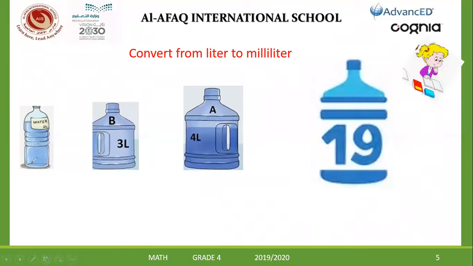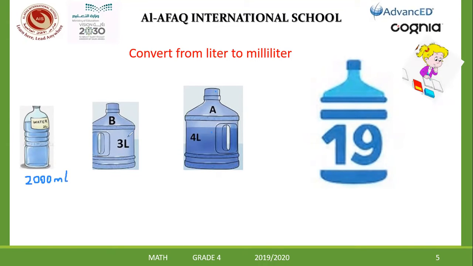As I said, if each 1 liter equals 1000 milliliters, what about 2 liters? You have to get 1000 two times, it means 2000 milliliters. So 2 liters equals 2000 milliliters. And we can express milliliter by using ml.